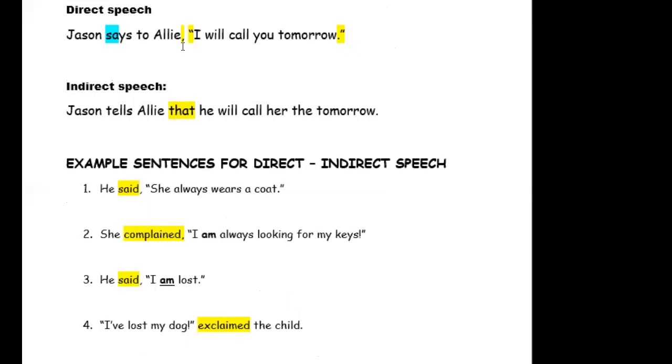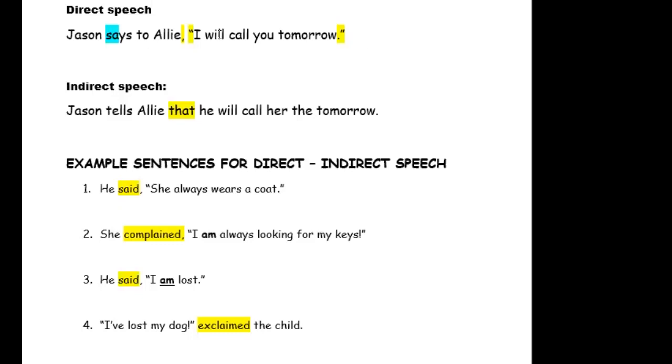Direct speech, and I'm going to repeat again, is when you tell someone exactly what someone else has said without changing anything. So you're basically quoting exactly what they said. So in direct speech I say, "Jason said to Ellie, 'I will call you tomorrow.'"